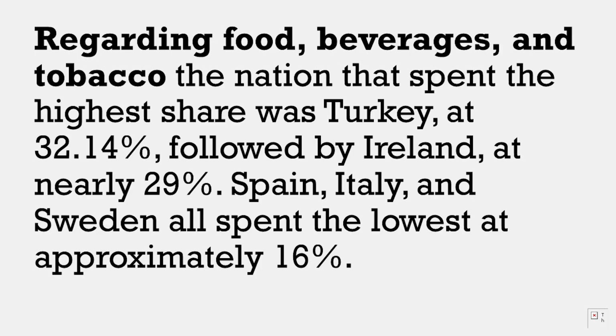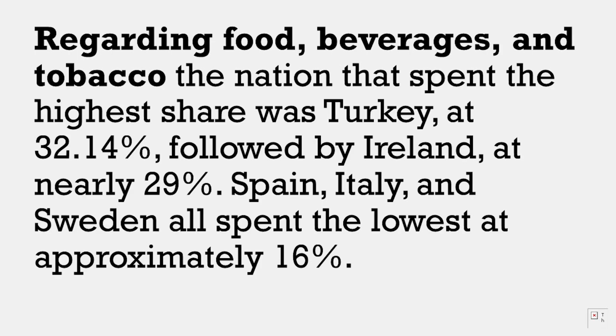If I'm the reader, I can know that the first body paragraph is going to be about food, drink, and tobacco, and I can guess that the whole report is going to be structured by spending category and not country. So let's look at our first body paragraph regarding food, beverages, and tobacco.